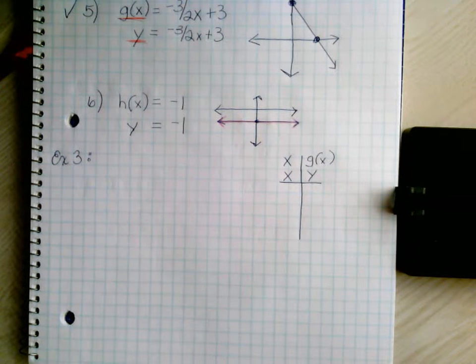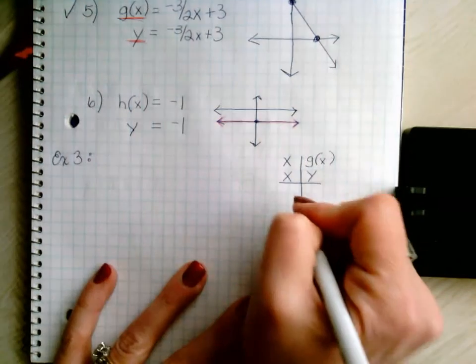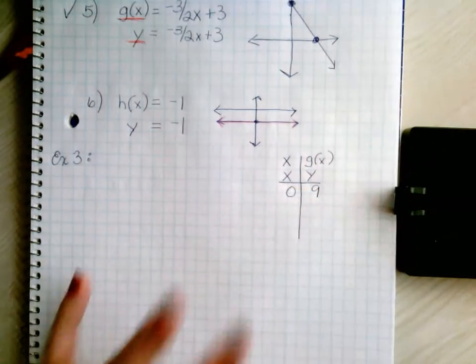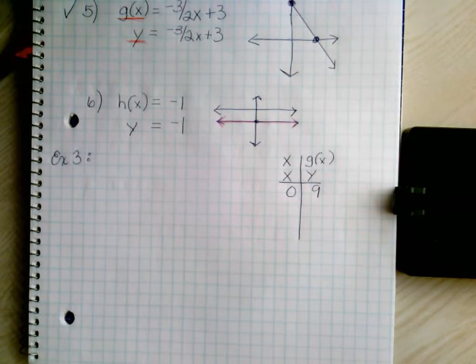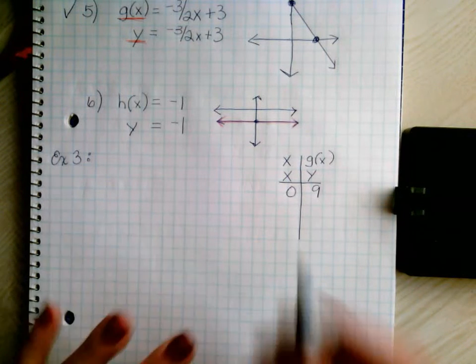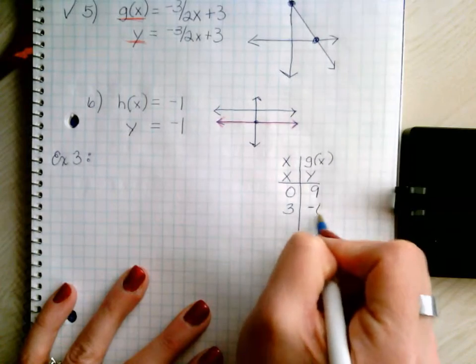Example 3 says, write a function, a g function that is, g of x, that gives a value of 0, 9, g of 0, that means the value if you plug in 0 for x is 9, and 3, negative 6.